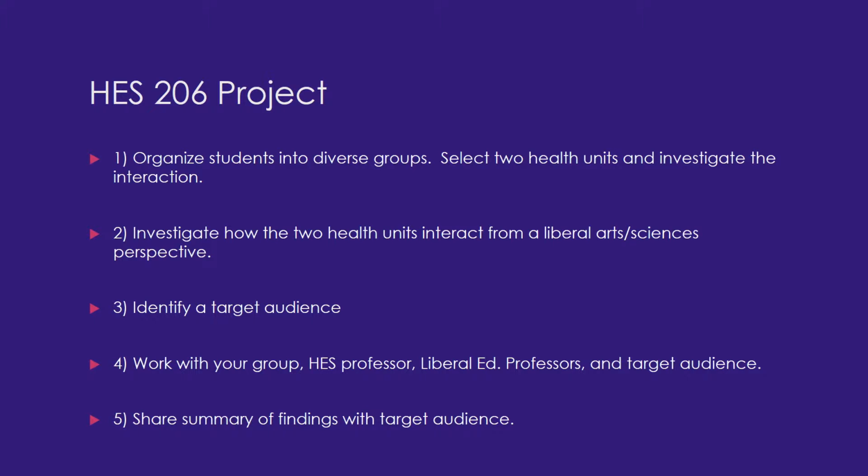Then they're going to identify a target audience they want to share this information with. The groups are going to work amongst each other, with you and me, the health professors, and with their professors in the disciplines they select. And hopefully they're going to work with their target audience as well. Then they're going to share this information with the class, and we can maybe invite the target audience in as well.